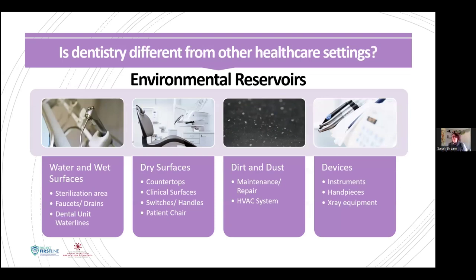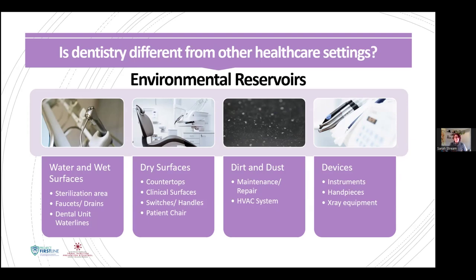So another concept from Project First Line is looking at the different types of reservoirs that are out there. So we're going to look at some environmental reservoirs in the dental setting. The first one is our water and wet surfaces, and you can find water and wet surfaces everywhere in the dental setting.